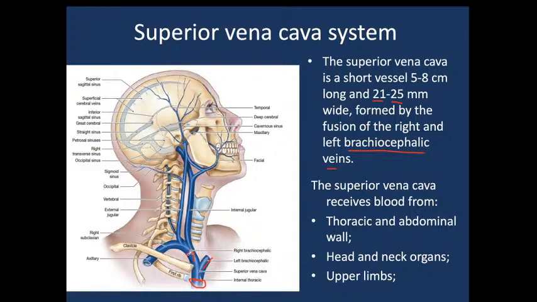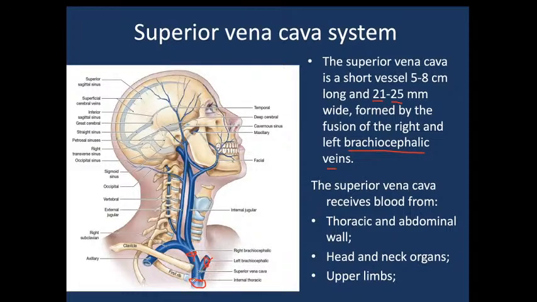Usually students have no idea where these big veins are located in our body. It is very easy. They are in the upper mediastinum, inside the chest, above the heart, and it is visible how they form.